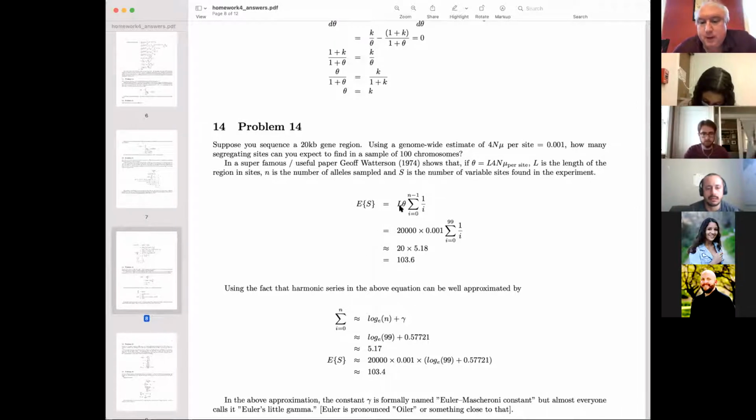So if you sequence one person, you're going to get some number of sites. If you sequence 1,000 times more than that, you're going to get less than 10 times more sites. If you sequence 1,000,000 times more, you're going to get no more than 20 times that number of sites.